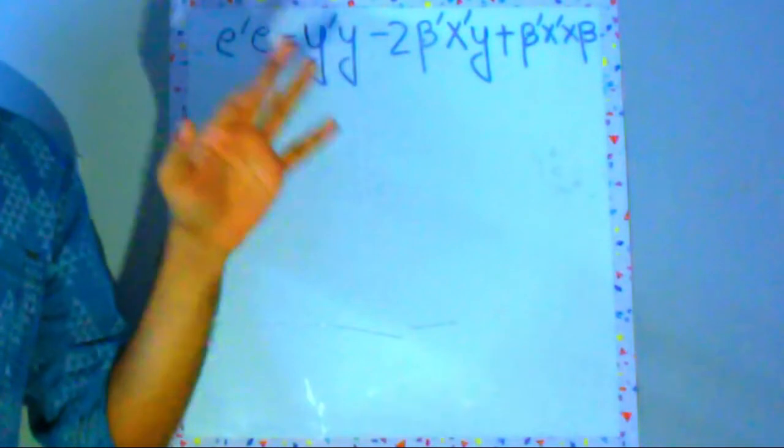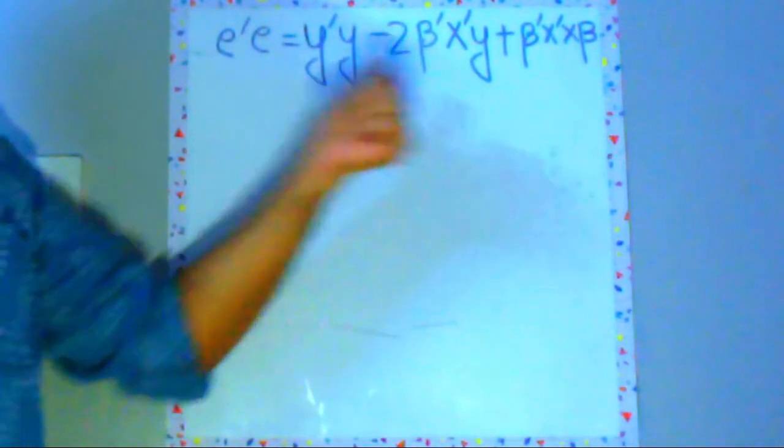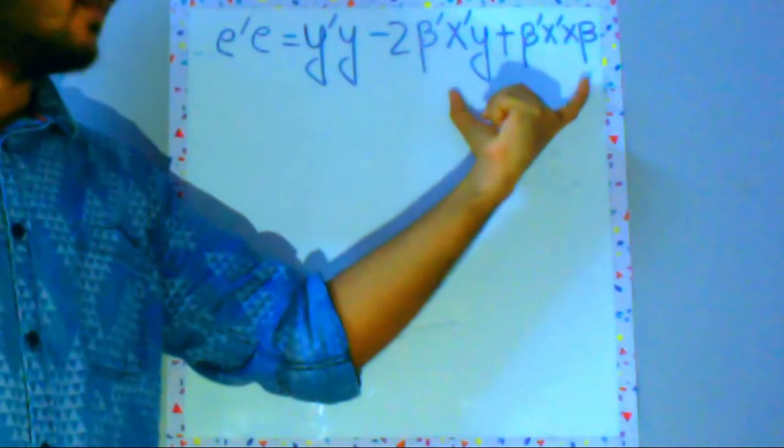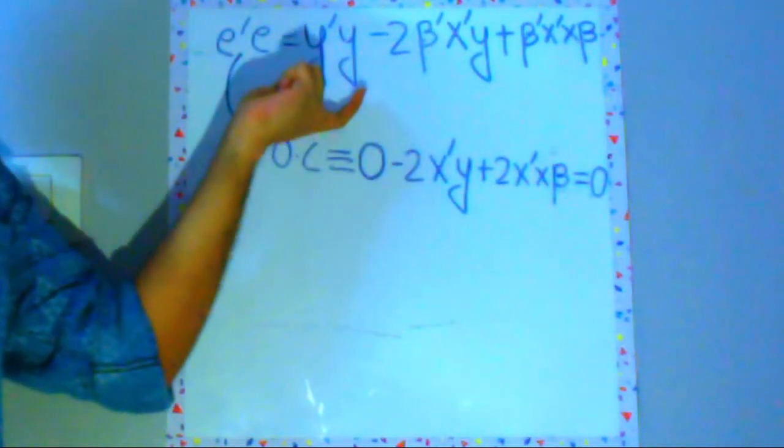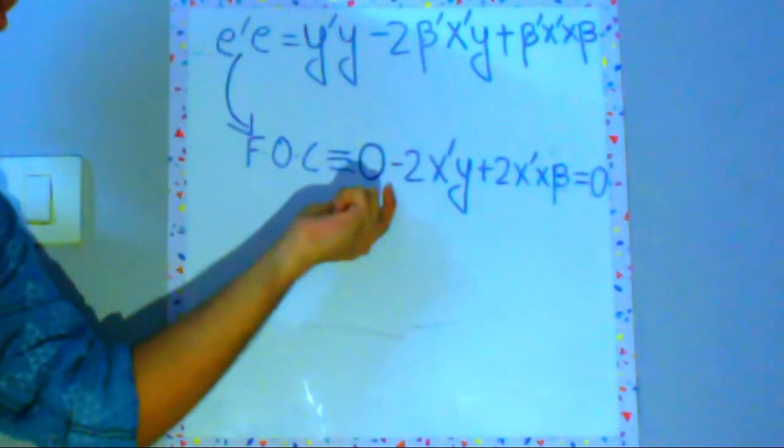Differentiation is done with respect to beta, and this term has no beta. Only these two terms will give you some non-zero quantity. So if you differentiate this quantity with respect to beta to find the first order condition, you will get, if you compare these two expressions, this had no beta, so it goes to 0.